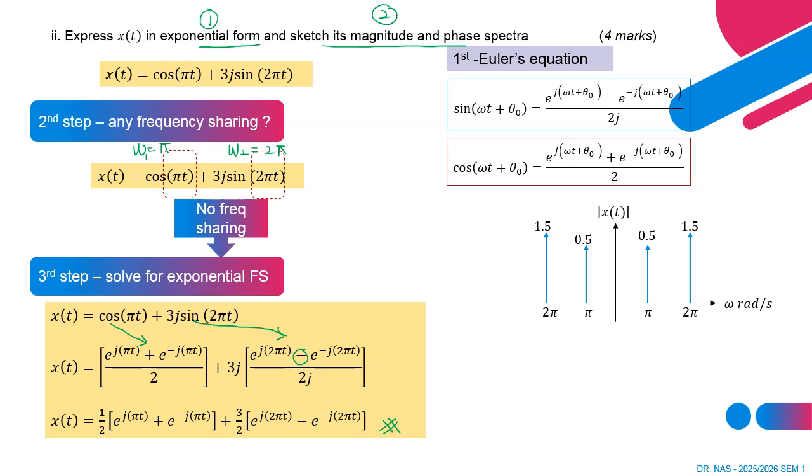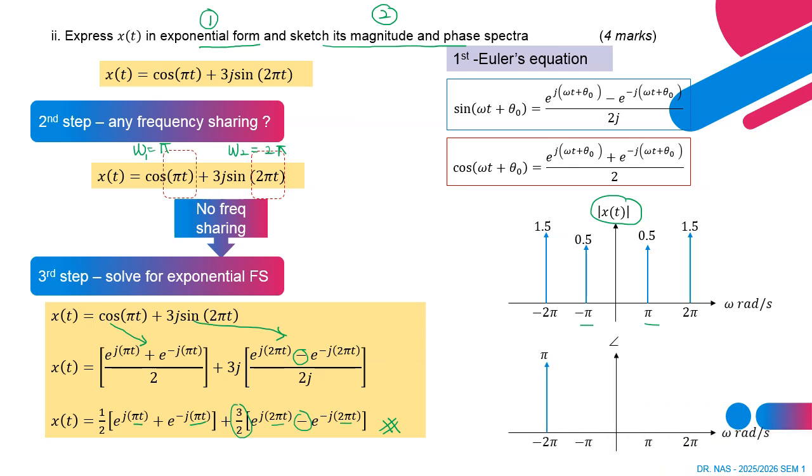So for positive pi, you have amplitude of 0.5, negative pi, you have amplitude 0.5 as well, and then at 2 pi and negative 2 pi, both magnitude 3/2 or 1.5.